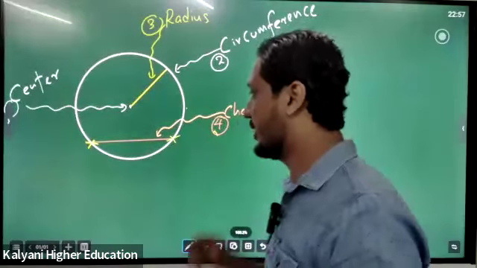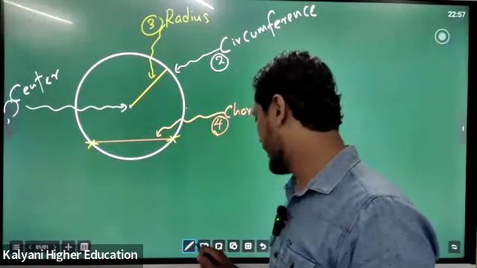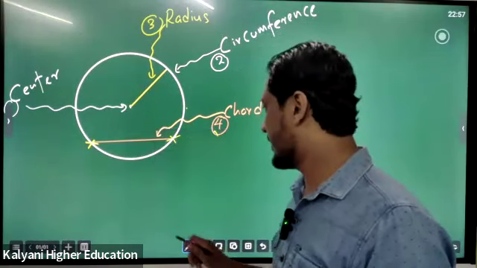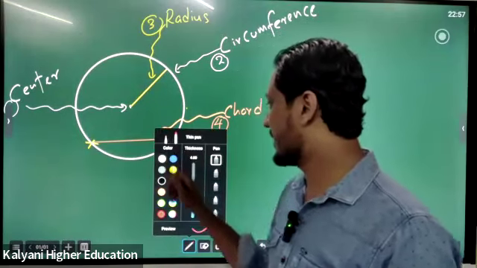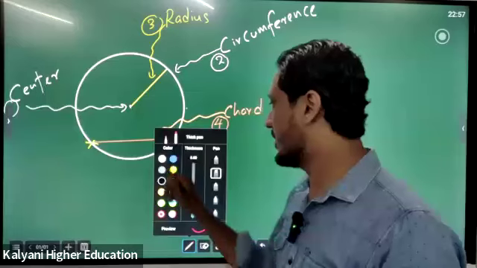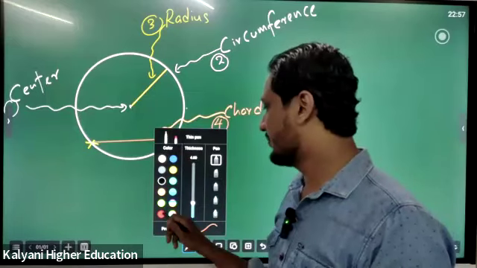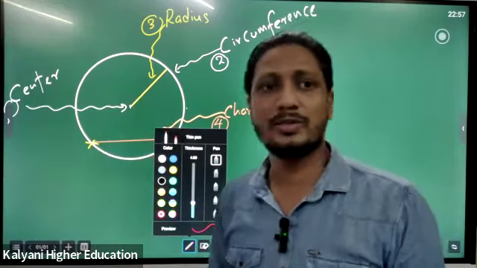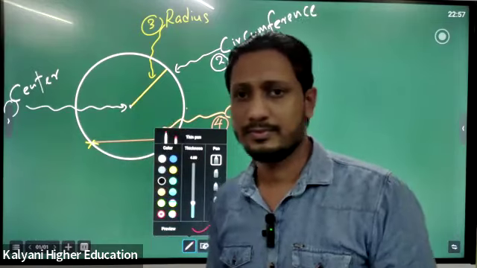I'm going to draw a circle. The largest chord we call the diameter. I'll use red color. What's the name of that one? Diameter. So I have a question. Diameter is a chord. Yes or no? Yes.